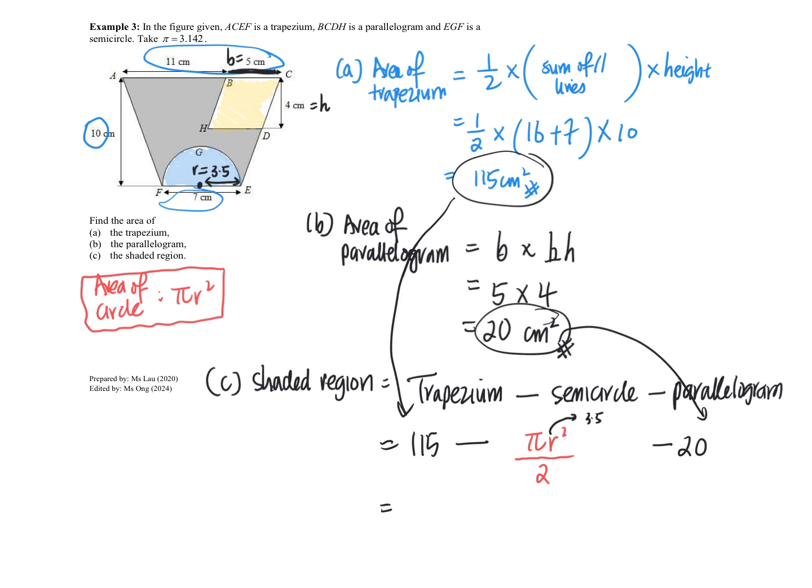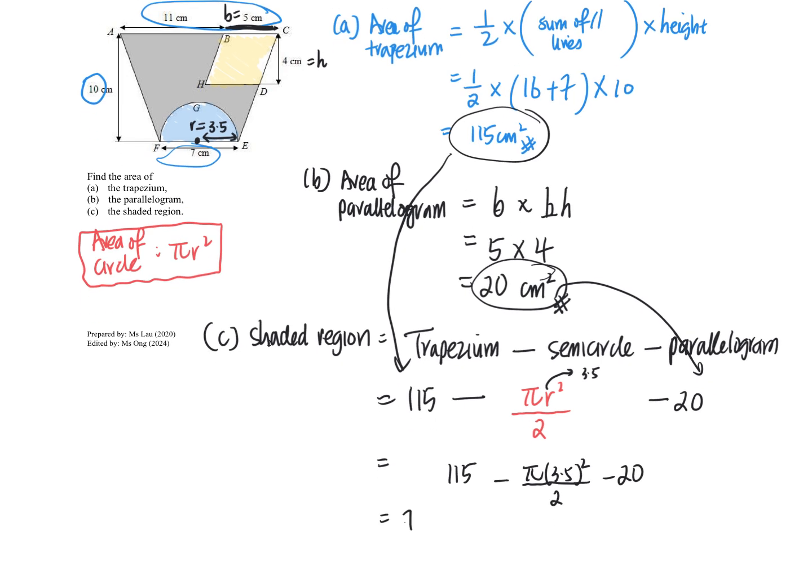Pi r square. So I put pi times 3.5 square. So this is pi 3.5 square divided by 2. So we get 19.2.